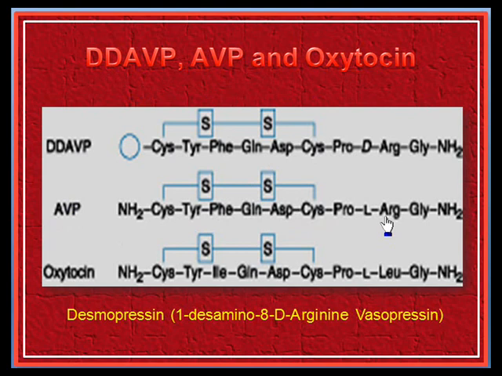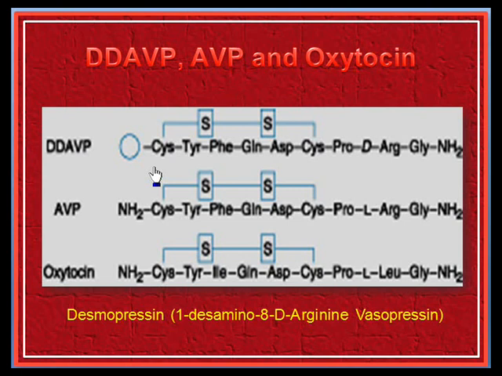The synthetic analog that is available commercially for treatment of diabetes insipidus is D-arginine vasopressin. Instead of L-arginine, it is a dextroisomer of the arginine in the 8th position, and it has also got a des-amino radical at the first position. So, this is the des-amino radical at the first position.